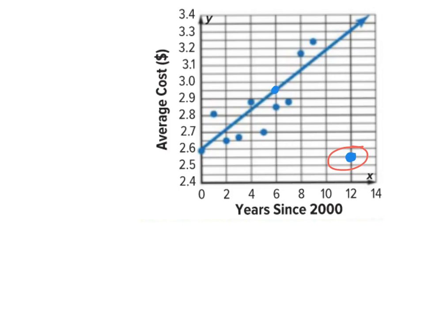So let's practice writing an equation for our line. The first thing that we're going to look at is our slope. Remember that your slope is your change in y over change in x, and I'm going to draw an XY chart for that. My X is my years since 2000, and my Y is my average cost.